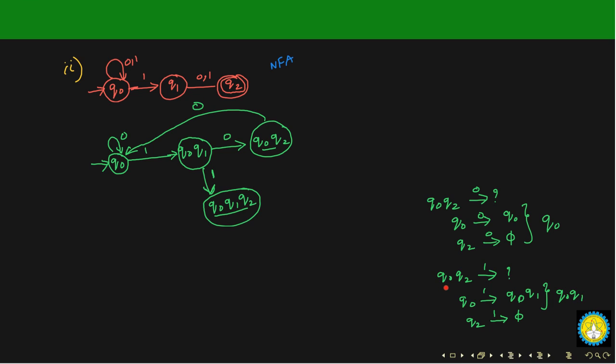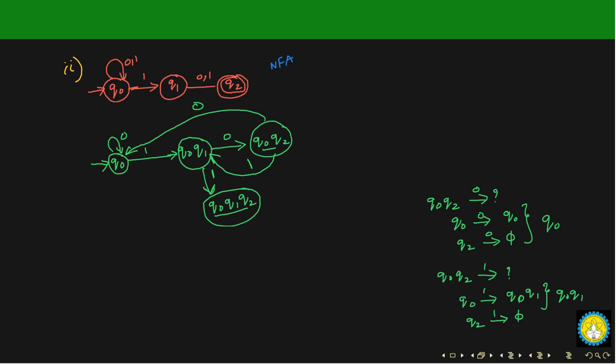Now the transition of Q0 Q2 on 1, you can see it here. This is going to Q0 Q1. So the transition of Q0 Q2 on 1 has to be marked to Q0 Q1.